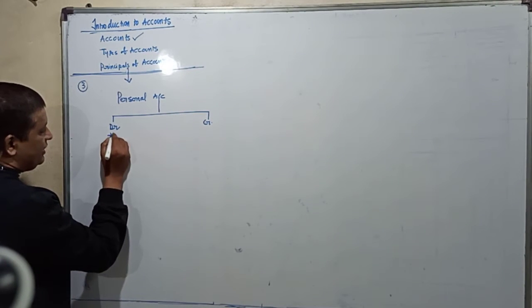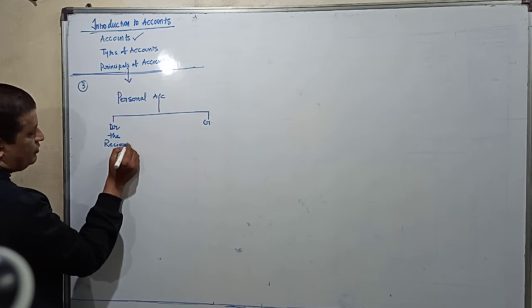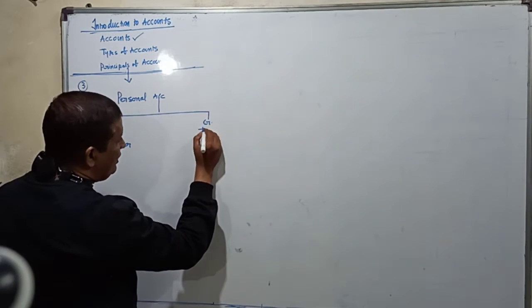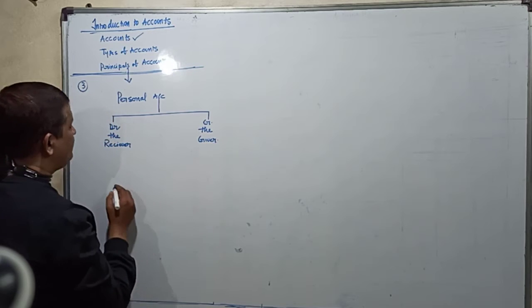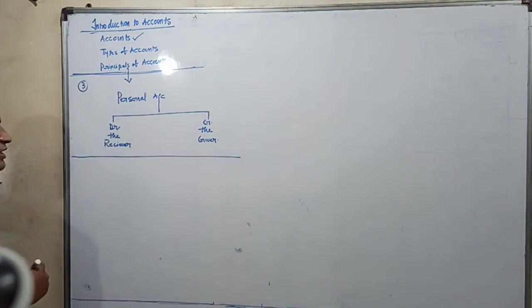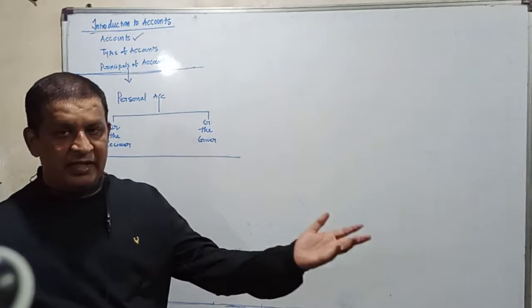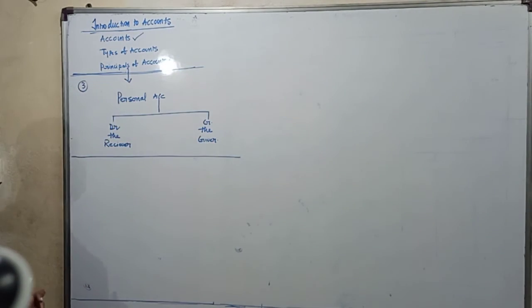Debit the receiver and credit the giver. That is the first rule of debit and credit for a personal account. A person can either receive or give. So the rule for personal account is debit the receiver, credit the giver.